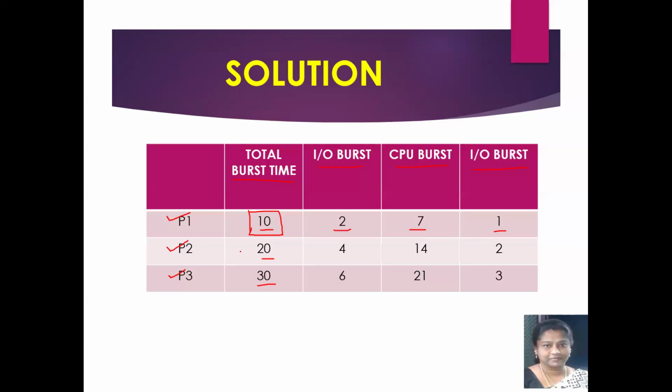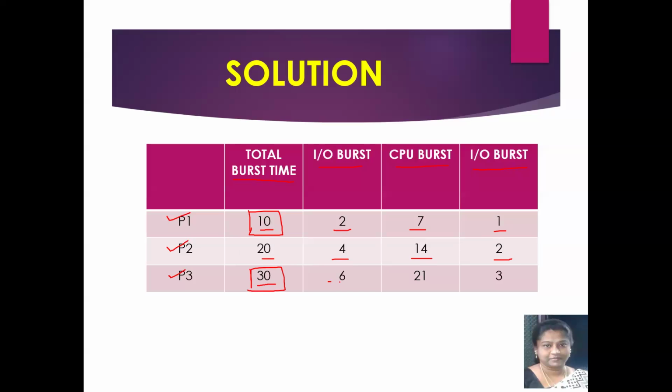For P2, the first 20% is for I/O burst, so 20% of 20 is 4, 70% of 20 is 14, and 10% of 20 is 2. Similarly, do it for P3. P3's total burst time is 30 milliseconds.